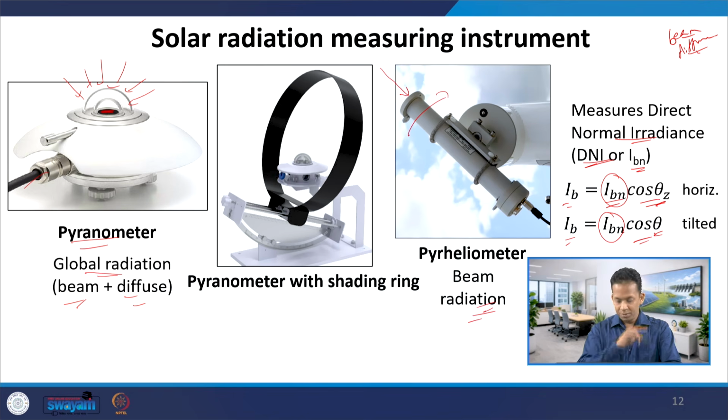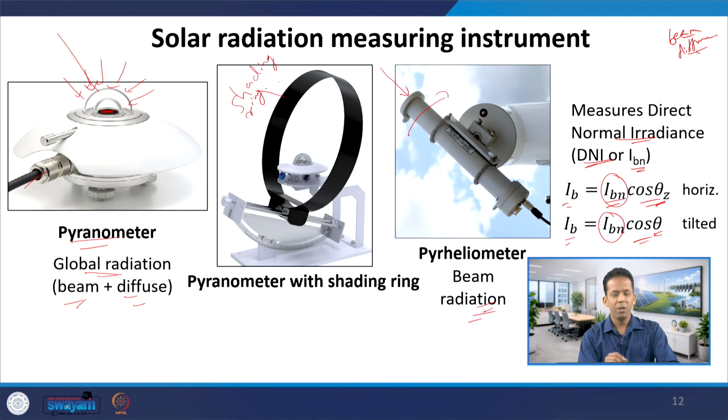But now, how do we calculate diffuse radiation? Since the pyranometer is not tracking the position of the sun, what we can do is block the beam radiation from falling on the pyranometer by using a shading ring.